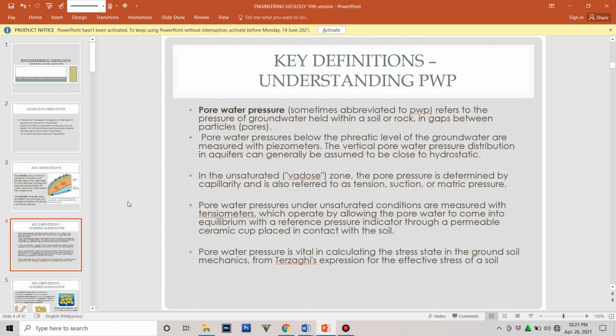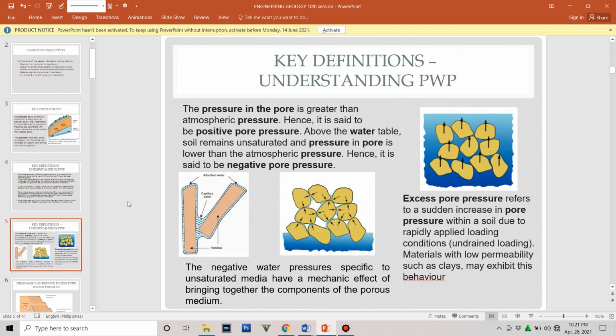It is placed in contact with the soil. The importance of pore water pressure is that it is vital in calculating the stress state in the ground in soil mechanics, from Terzaghi's expression for the effective stress of a soil. Later on, you're going to discover this.